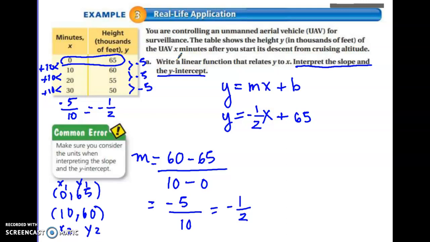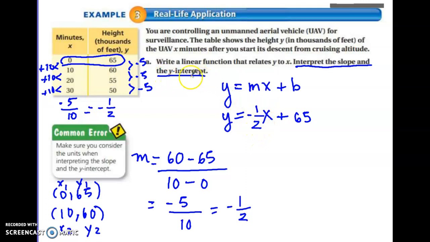So good. It could be something like for every 10 minutes, the height of the vehicle decreases by 5,000 feet, right? When you translate that into the 1/2, you are decreasing 1,000 feet for every 2 minutes, right?